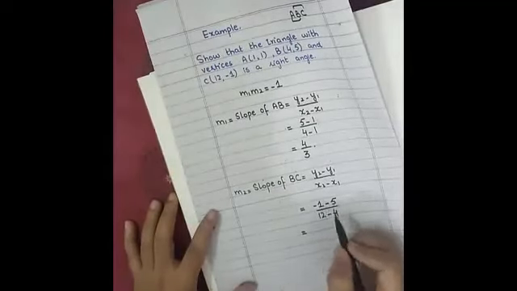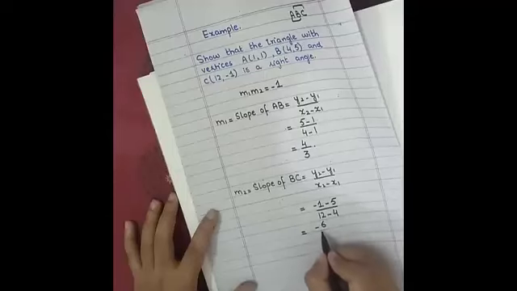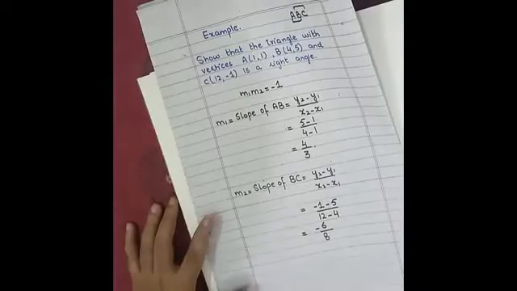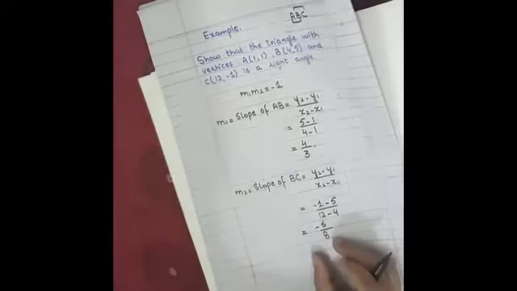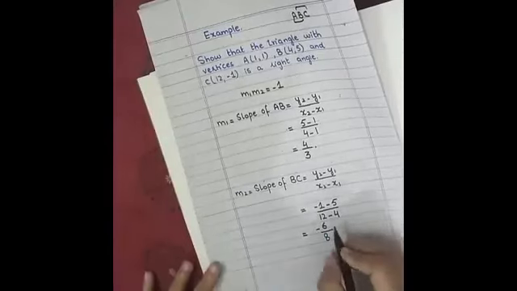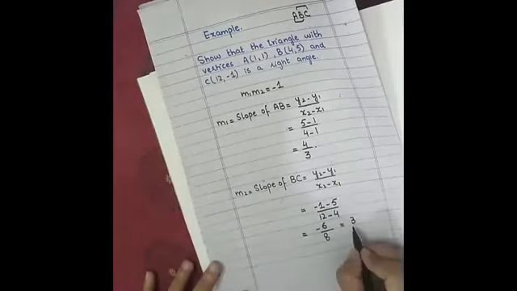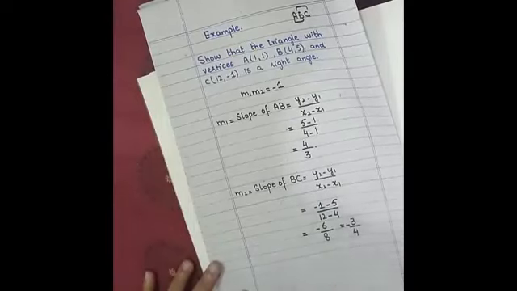So -1 minus 5 is -6, and 12 minus 4 is 8. This is not the simplest form of the fraction. 2 times 3 is 6 and 2 times 4 is 8.